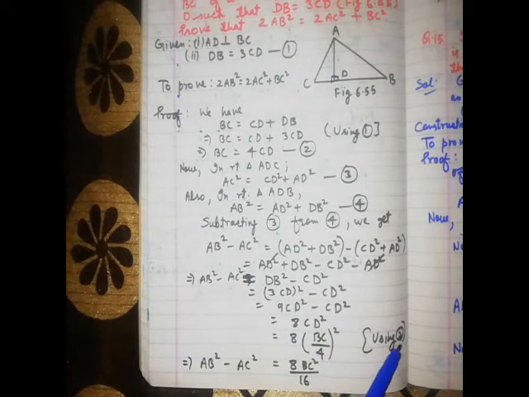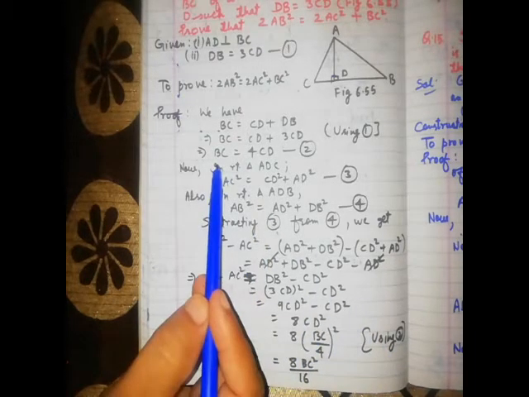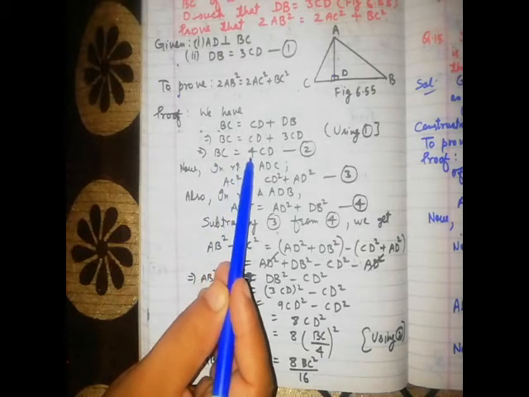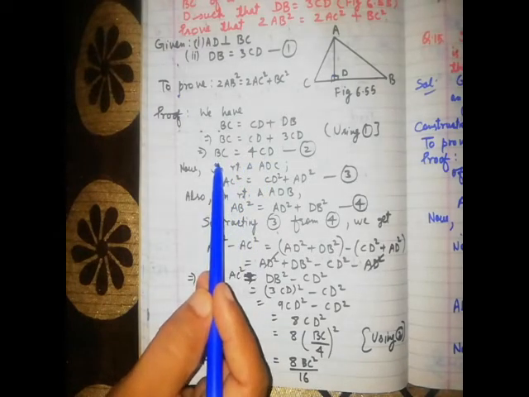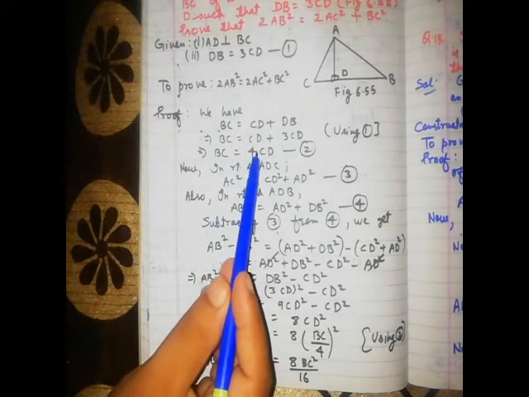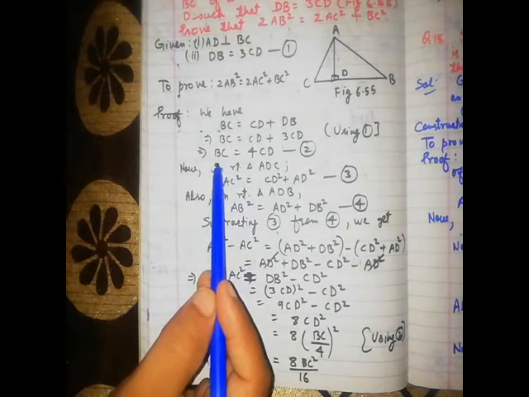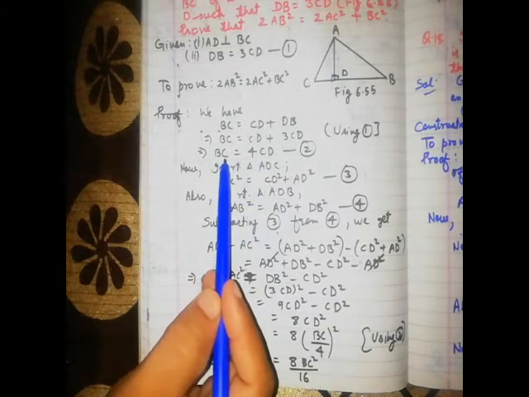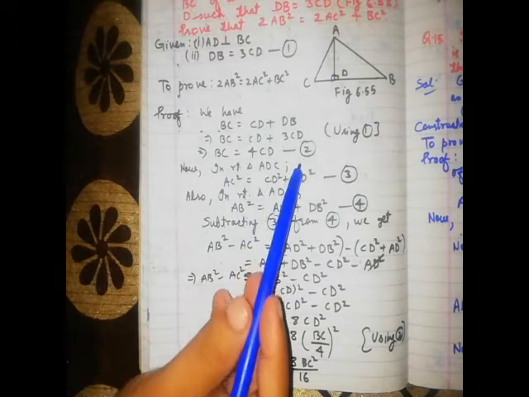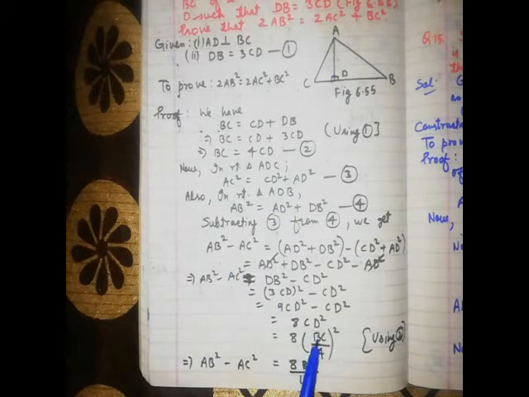After this we will be using equation number 2. BC is equal to 4 times CD. From here we can write CD equal to BC upon 4, because this 4 when it goes to the other side, it goes in the denominator. So we write BC upon 4 for this CD and this square comes as such.